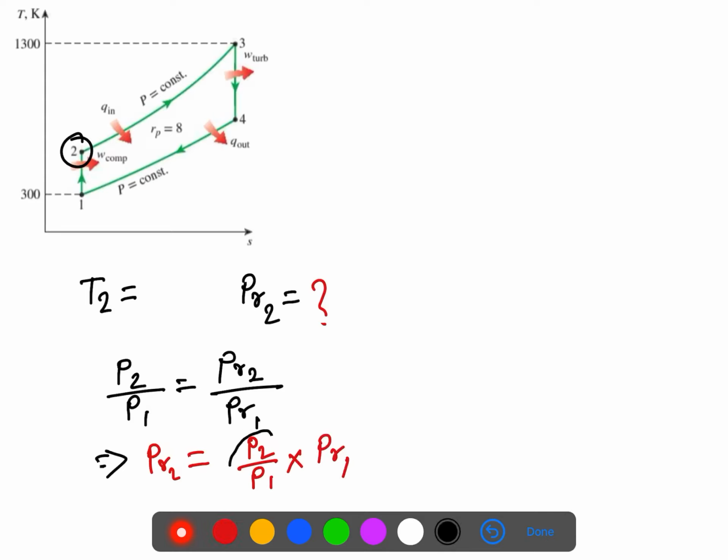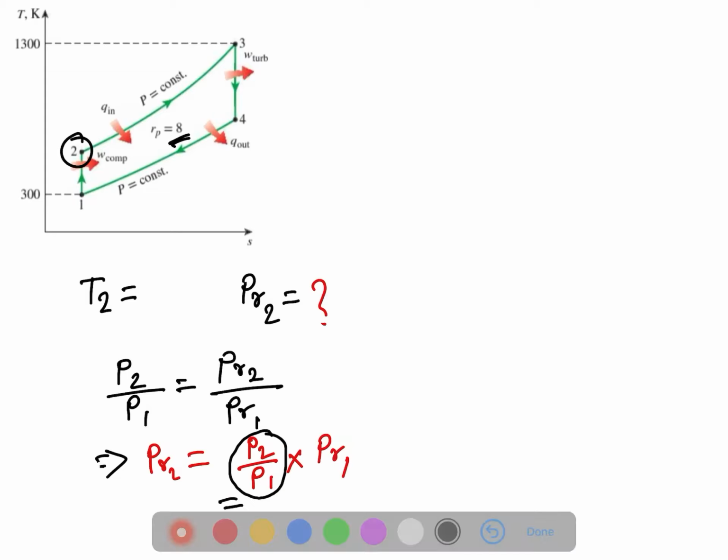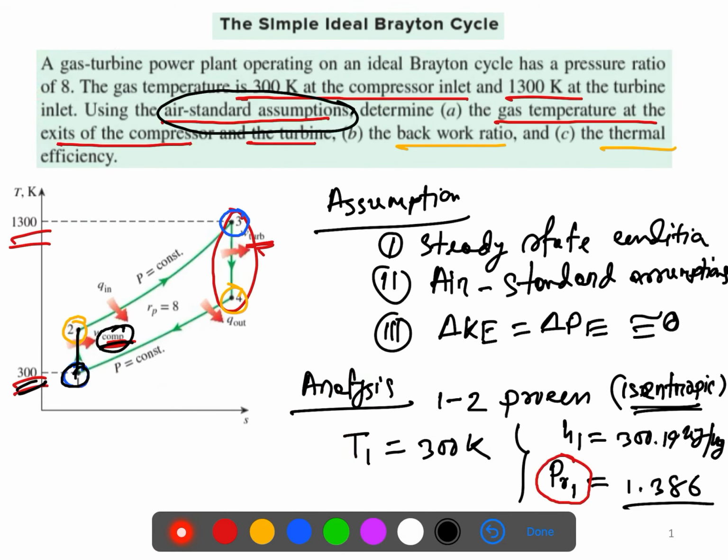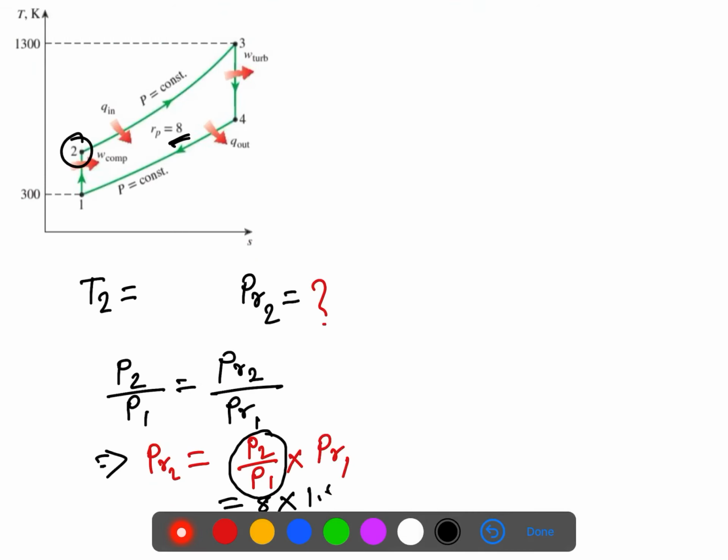Now you see P2 over P1 is given as 8, and Pr1, here we got 1.386. So if we solve this, we get 11.09. You may ask, what is the unit? It has no unit. It's a dimensionless quantity. So that means we got Pr2 equal to 11.09.